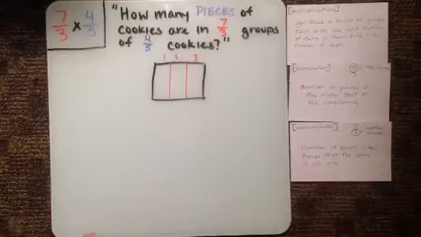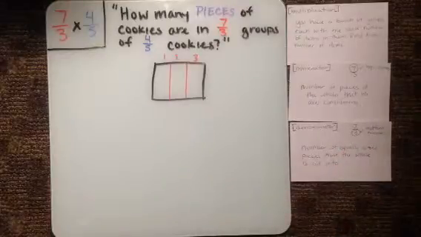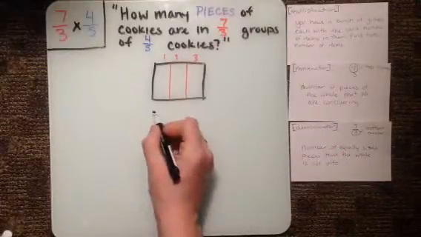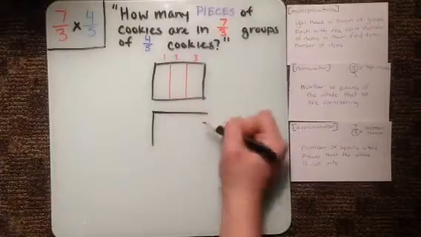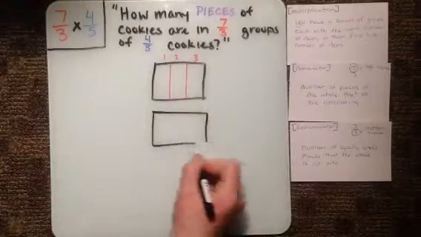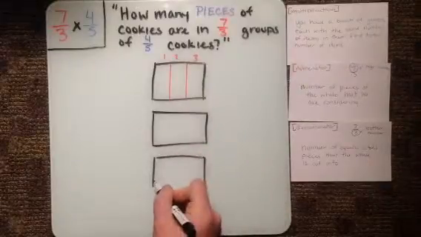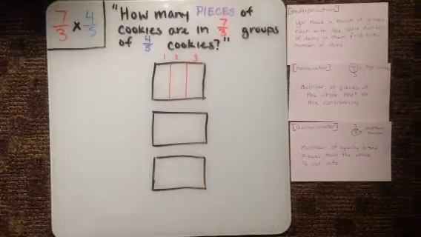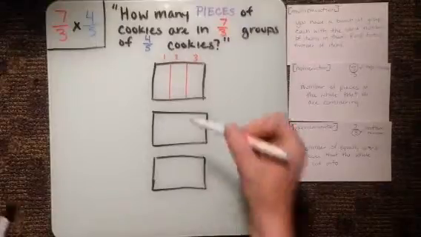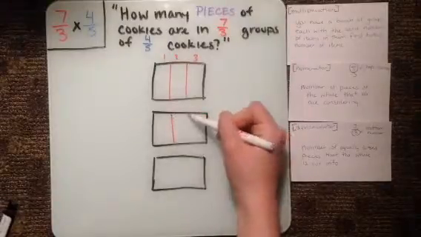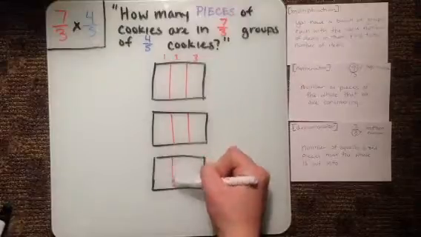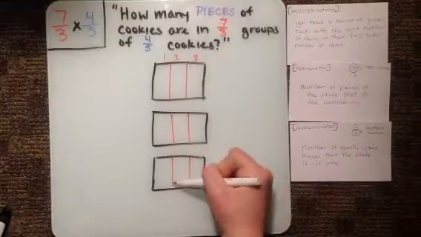However, our numerator is 7, which means that we need 7/3 to complete this. So to do that, we'll draw more boxes of the whole in order to get 7/3. So just like we did before, we'll split these into 3 pieces.